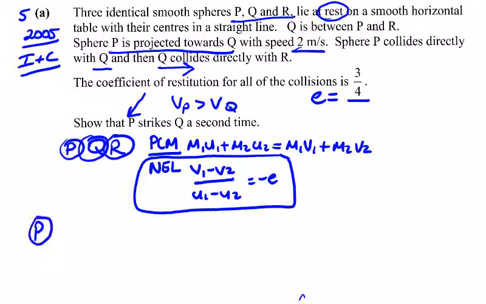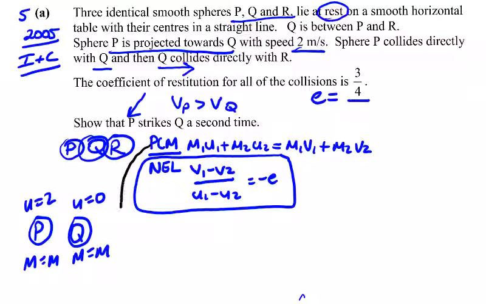So let's set up P and Q to hit each other. We have u equal to 2, Q is at rest, and the masses are the same. So we don't know v1 and v2.